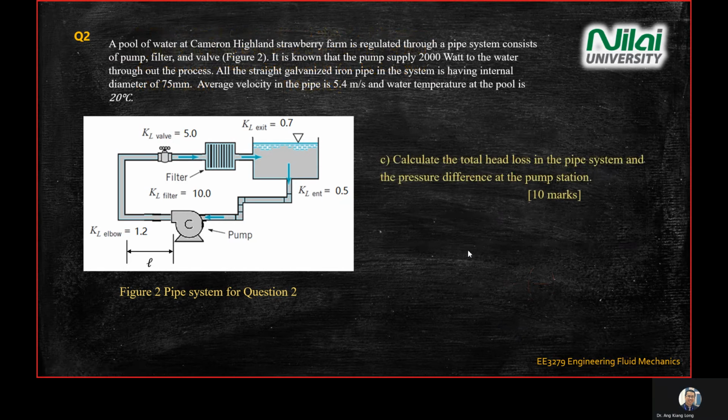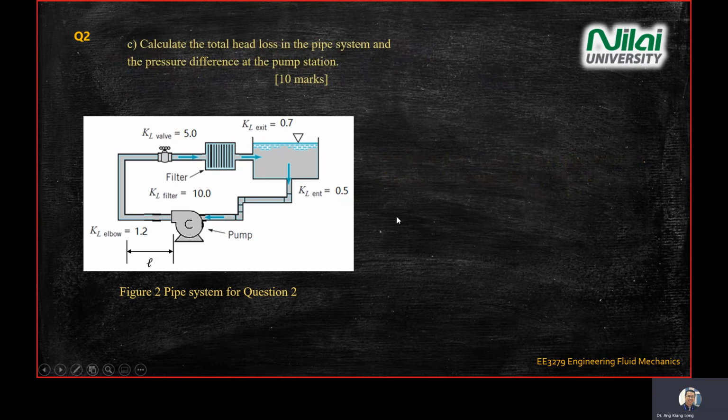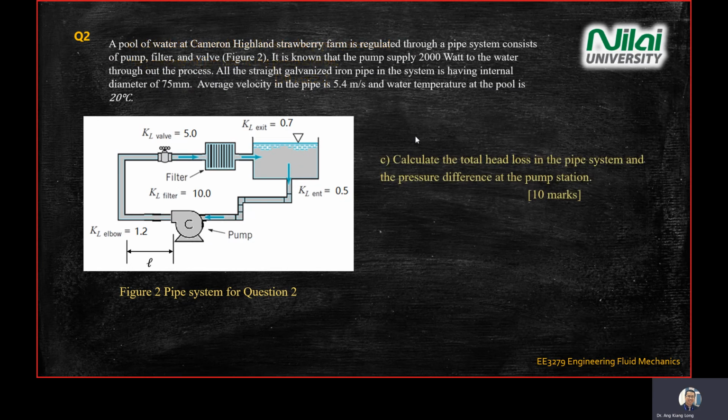All right. Then for section C, yeah, it asks you to calculate the total head loss in the pipe system. So this is quite straightforward because all the KL values are given. So you start with the energy equation. So section C asks you to focus on this section, the pump section. All right.